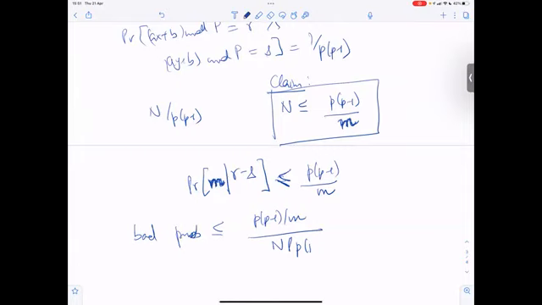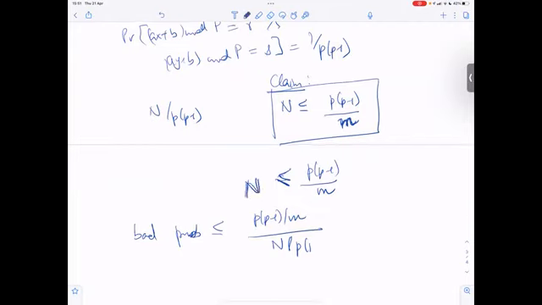I'm making a hash of things. So N is less than P into P minus 1 by M. Correct. There's a 1 by Mth probability that an RS pair is bad. The total number of pairs is P into P minus 1. So N is less than P into P minus 1 by M.